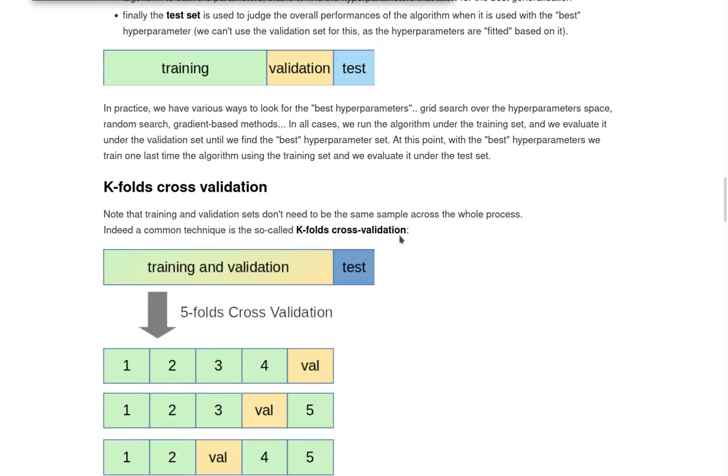So if we have a problem with few observations, we may be better off employing a technique called k-fold cross validation. It is nothing else than repeating this step, but changing the data that are part of training and validation at each step.